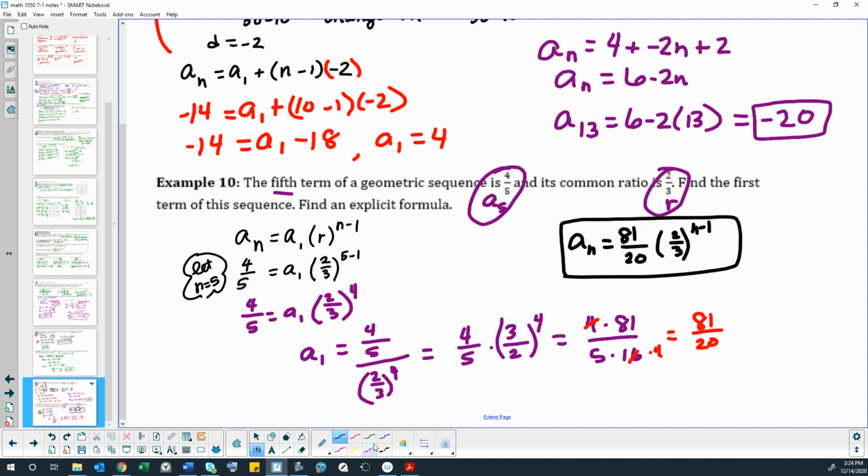So that would be 81 times 16 over 20 times, so 3 times 3 is 9, times 3 is 27, times 3 is 81. Look, the 81s cancel out. 16/20 reduces to 4/5. Sure enough, I got the number I was supposed to get when I plugged in a 5. So this should be the correct formula, and the first term is 81/20.